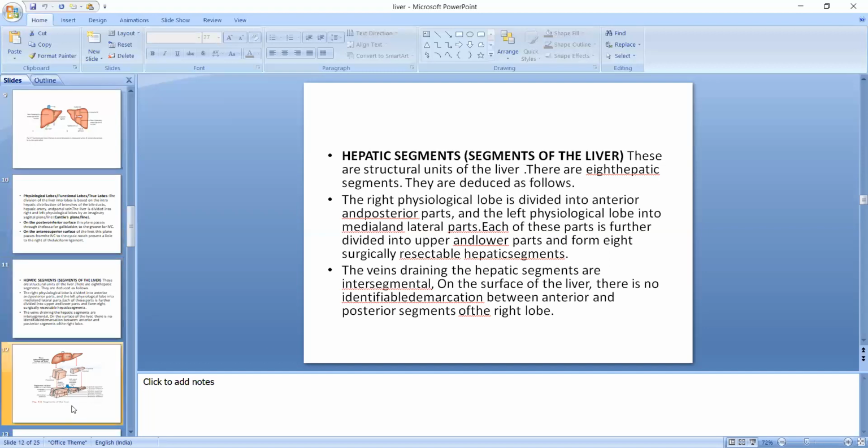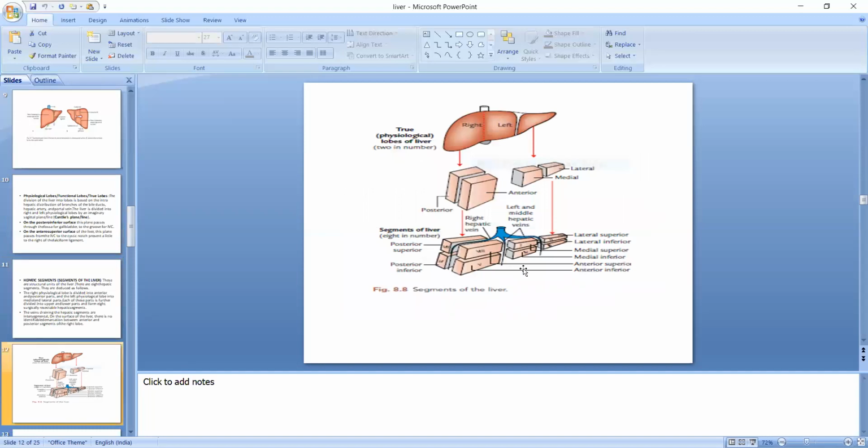So we can see here in this segment, this is medial and lateral part, and these are the segments, and again they are divided into the upper and lower part, and all these segments constitute the liver. So we can see here how many, these are 8 segments here.